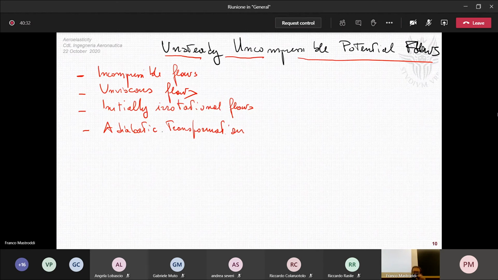Okay, these are our physical hypotheses. Oh, another important one, I want to consider attached flow. We don't want something like this.